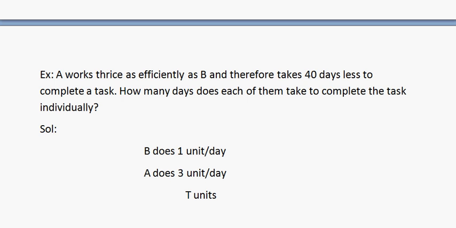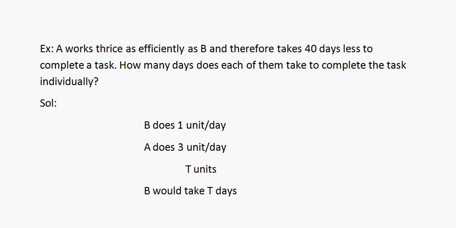B would take T days, right? Because he is completing 1 unit per day, B would take T days. And A would take how many days? T by 3 days, right? This is what A would take.